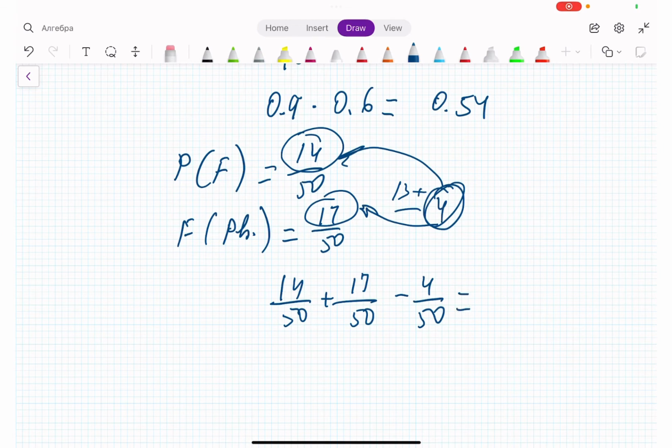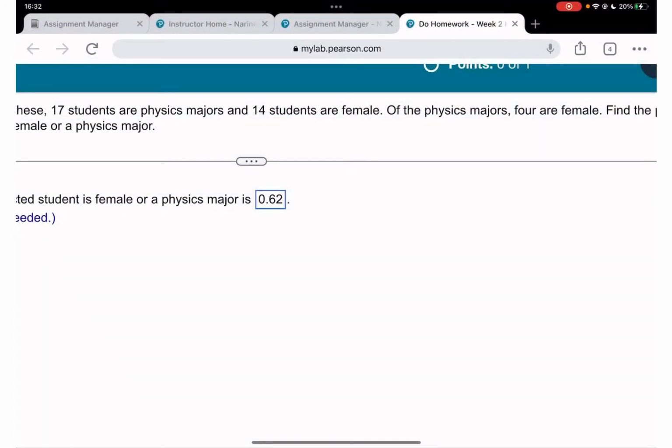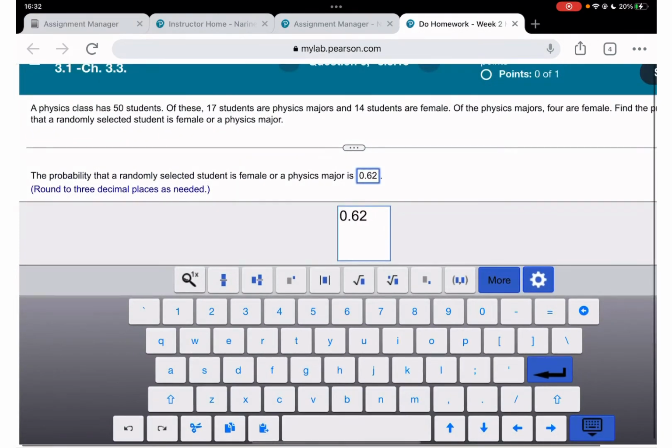It's equal 14 plus 17, it's going to be 31. 31 minus 4, it's going to be 27 over 50. Now, this time it's going to be correct. 27 divided by 50, and we are getting 0.54. Didn't we get the same thing for some reason? 0.54. Yeah, I was wondering, how can we get the same answer? Okay.